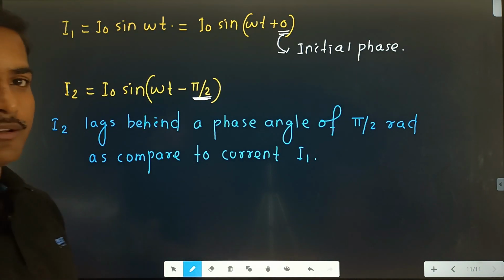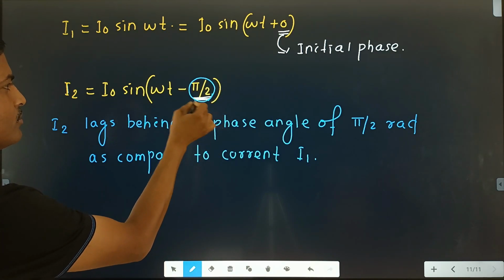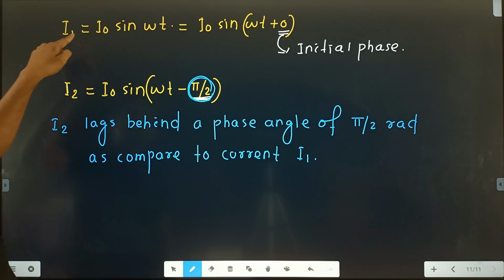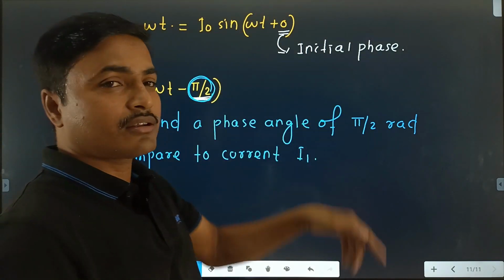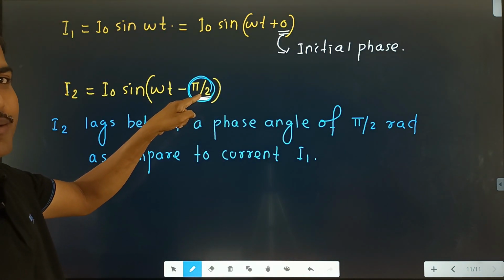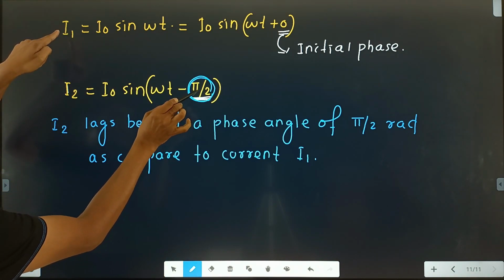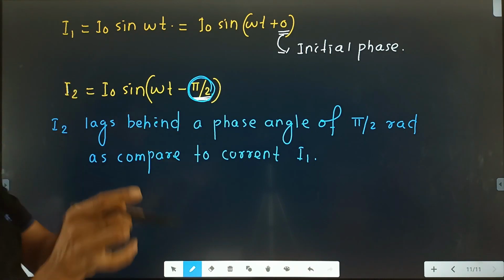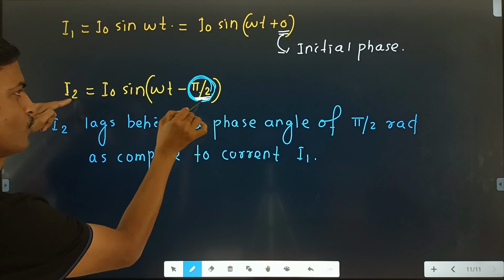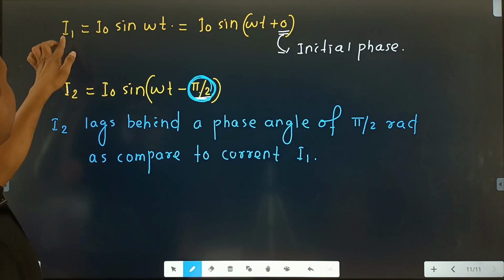Clear? Or same thing, current I2 lags behind an angle pi by 2, or you also say that current I1 is ahead, current I1 is ahead by a phase angle of pi by 2 radian, which is the same as current I2 lagging behind pi by 2 radian as compared to I1.